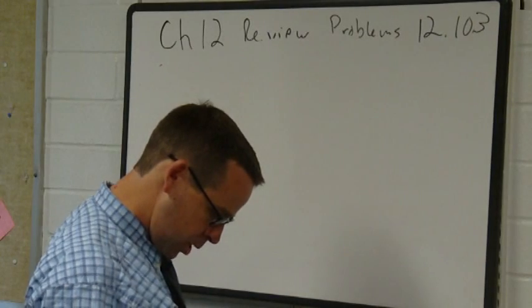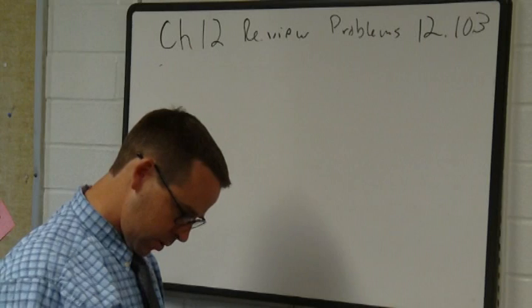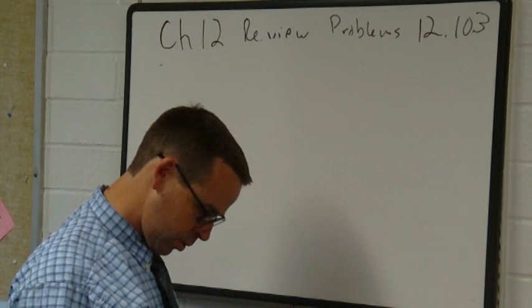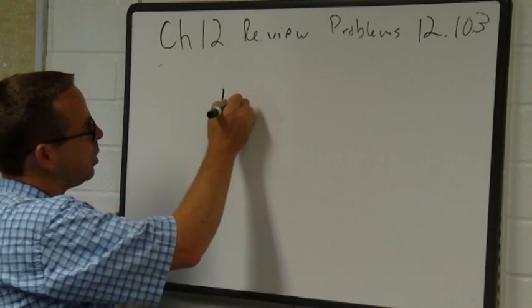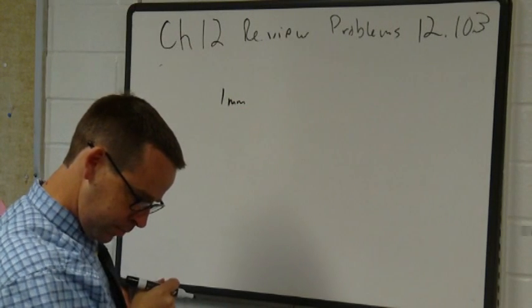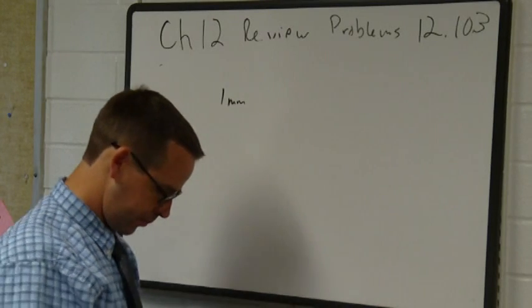We can determine the heat of vaporization by using that same equation if we know the vapor pressures of a substance at two different temperatures. Determine the heat of vaporization of diethyl ether if the vapor pressure is 1 millimeter of mercury at minus 74.3.